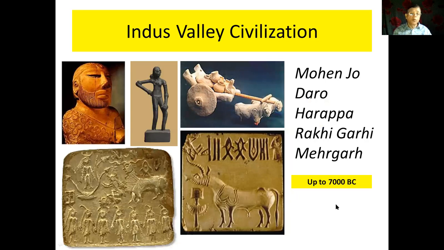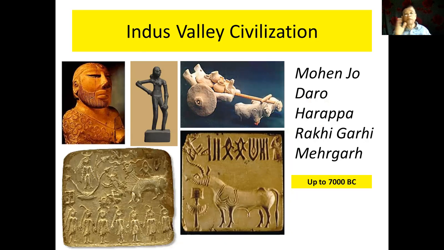Now, we should talk a little bit about the Indus Valley civilization, which is about northwest India. It's a huge area where, when they dug out, they found the evidence for one of the most ancient civilizations of human beings in this part of the world.